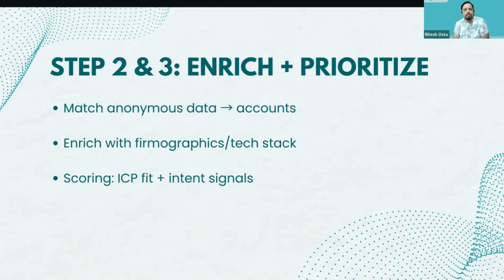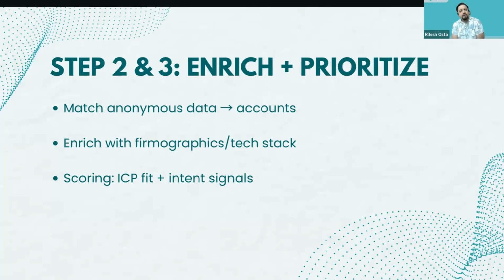Then steps 2 and 3, which are enrich and prioritize: match the anonymous data with the accounts, right? Website visitors, match them with the accounts. Around 50 to 60% of the time, you will be successful doing that. Make a list of those accounts, enrich with firmographic, technographic, people information, and then score. Put a lead scoring mechanism in place. You can do all of that through AI and AI-based automation.